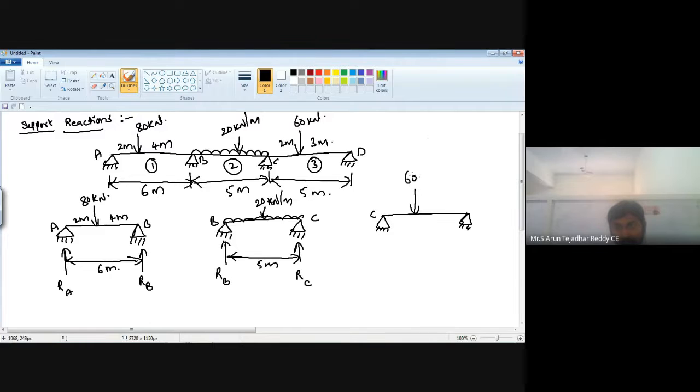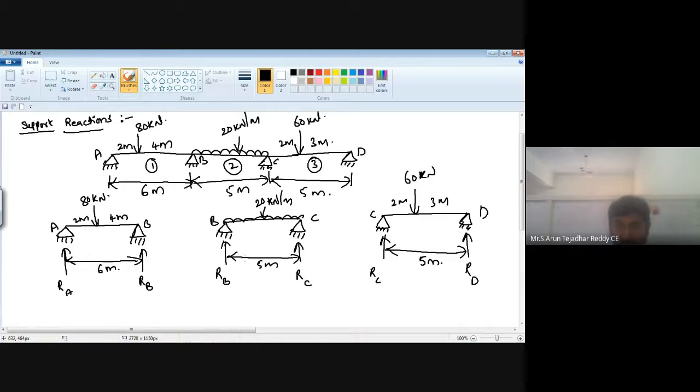Load of 60 kilonewton is acting, 2 meter, 3 meter. One reaction is acting, RC, RD. The span here is 5 meter.